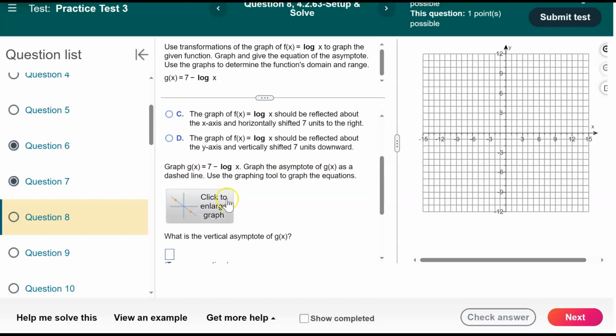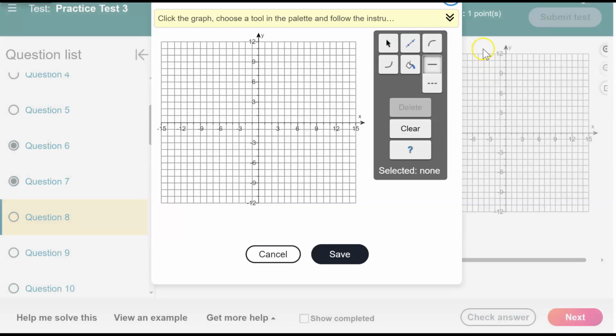Now next, to graph this function, you're just going to click on the graph here and use the logarithmic tool, because that's a logarithm.